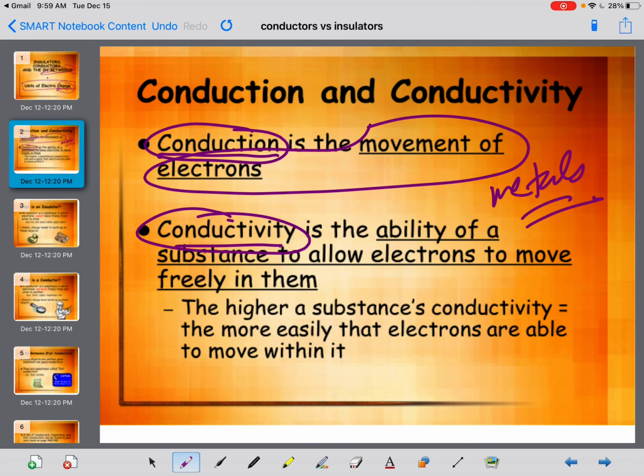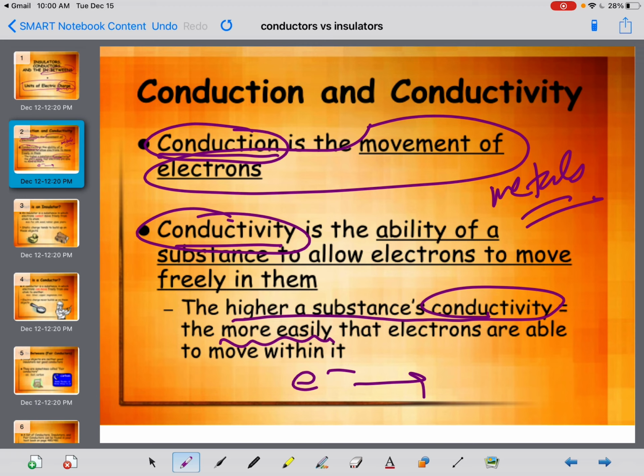Even though you have a whole bunch of different metals that are able to conduct electrons, they're not always the same. Some metals have a high level of conductivity, and some are not as easily conductive as others. The higher a substance's conductivity, the more easily electrons flow through it, so the better conductive material it is.